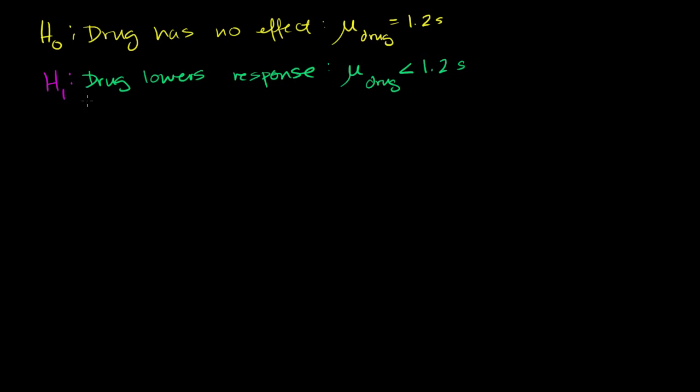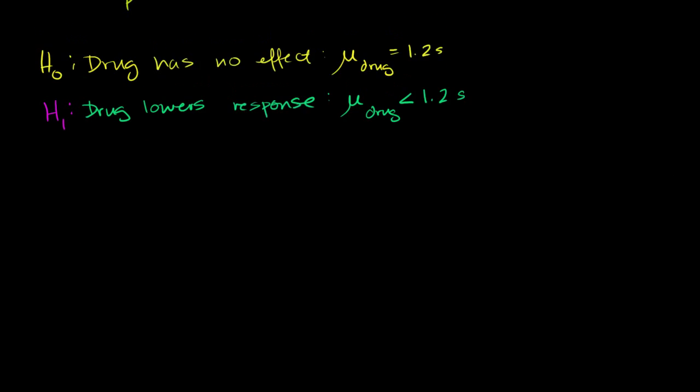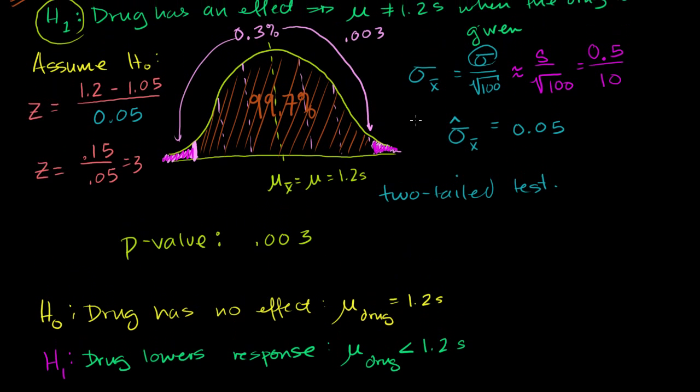Now, if you do a one-tailed test like this, we want to look at our sampling distribution. I can just use the drawing that I had up here. You had your sampling distribution of the sample mean. We know its mean is 1.2 seconds, same as the population mean.